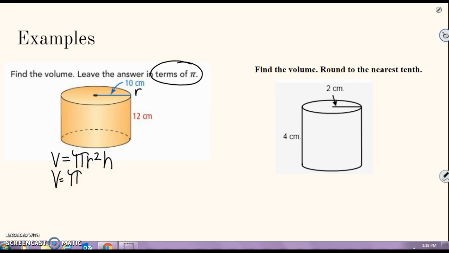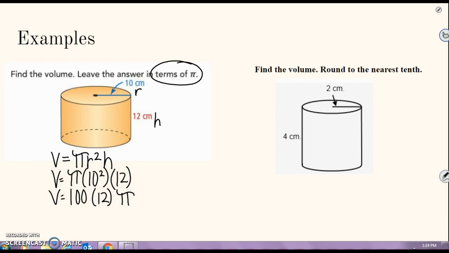We see our radius is 10 centimeters squared times the height, which is 12 centimeters. We first square our radius, so 10 squared is 100 times the height of the solid times pi.